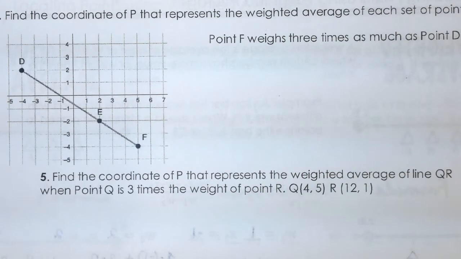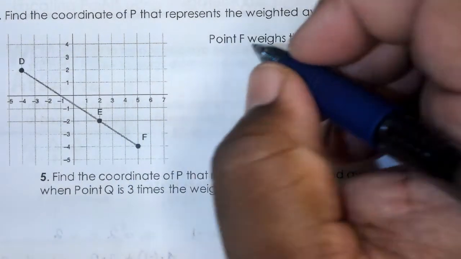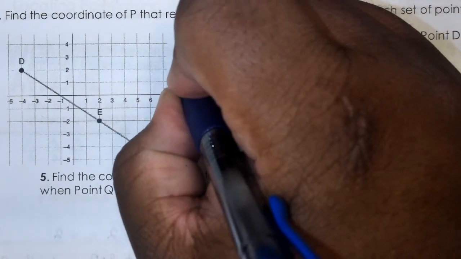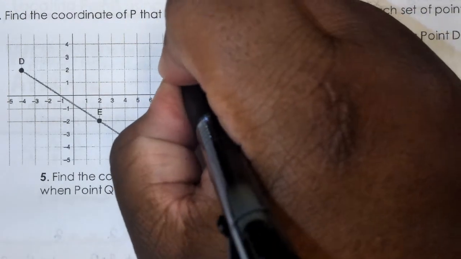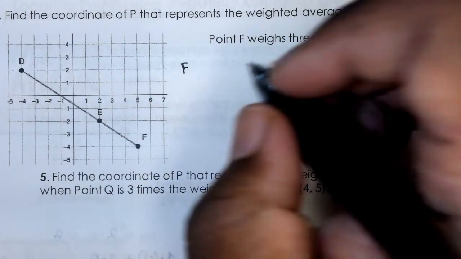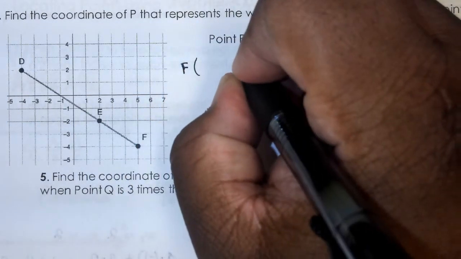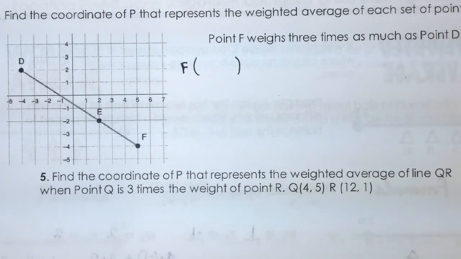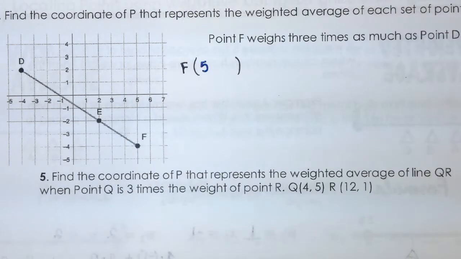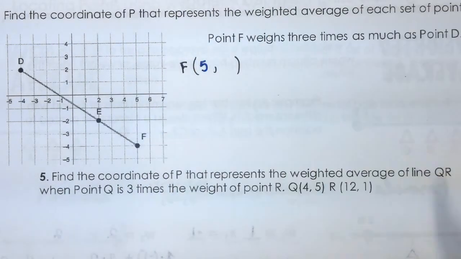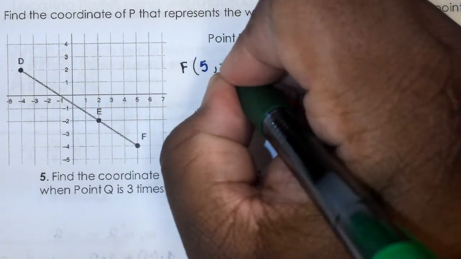Alright. So in this one, F is at, what's that, 5, -4? Yeah. So 5, -4.